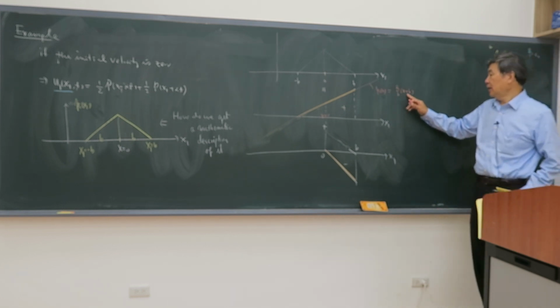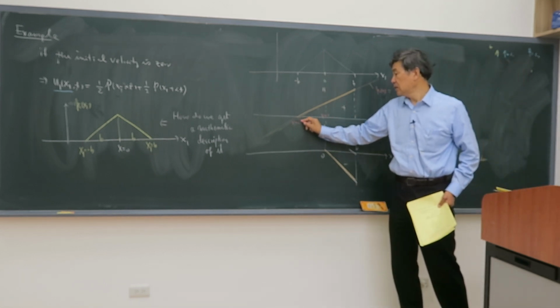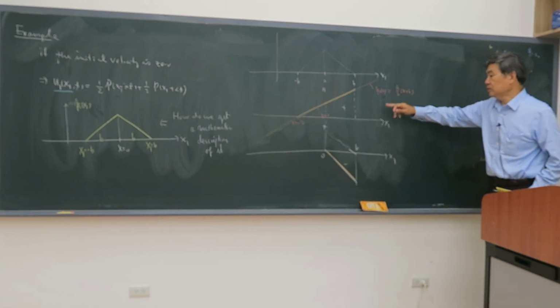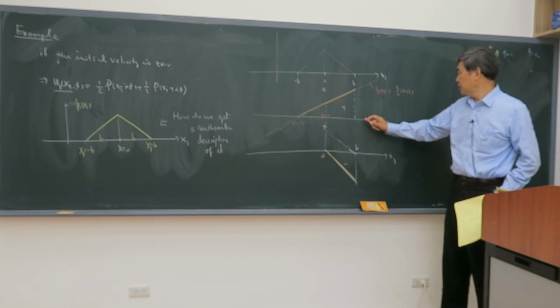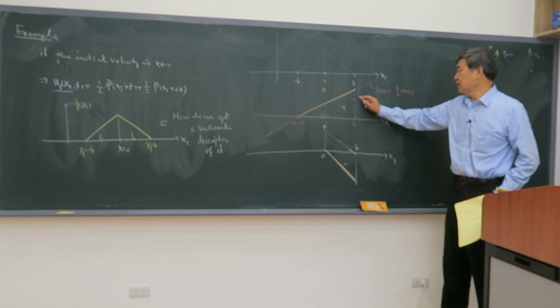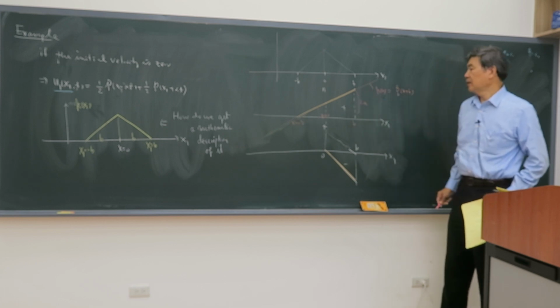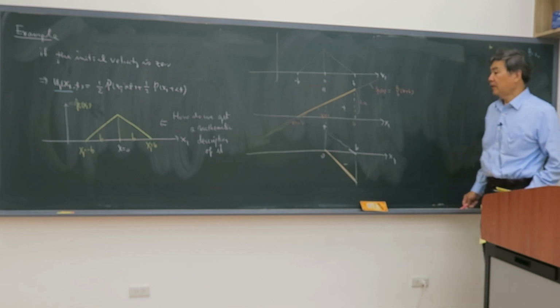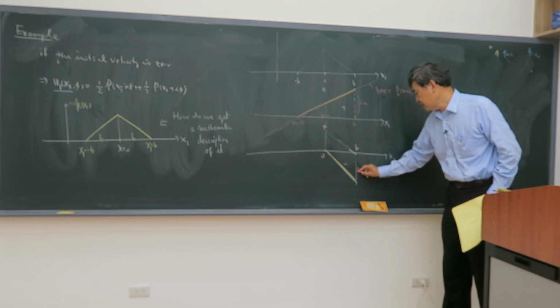For x equal to minus b it is equal to 0. For x equal to b, that will be 2a. So this is 2a.